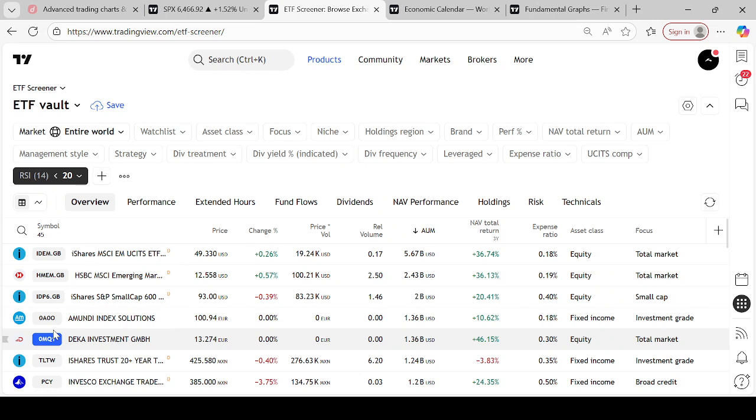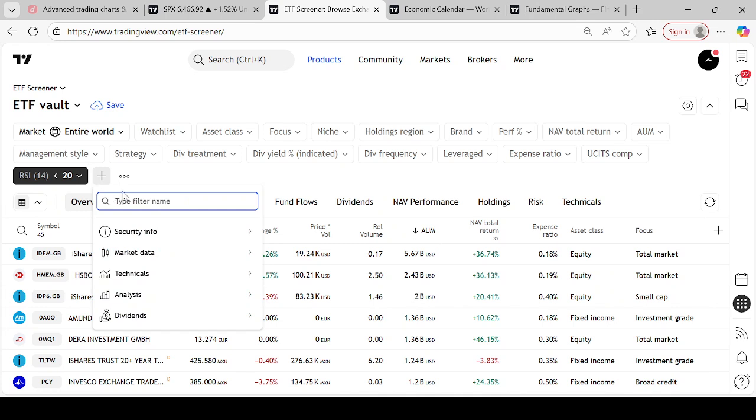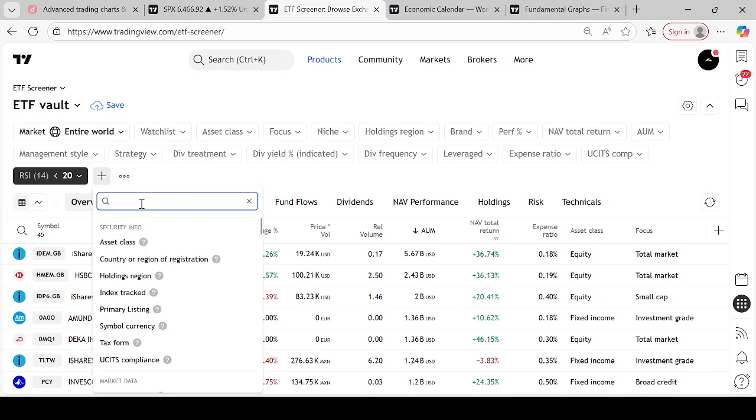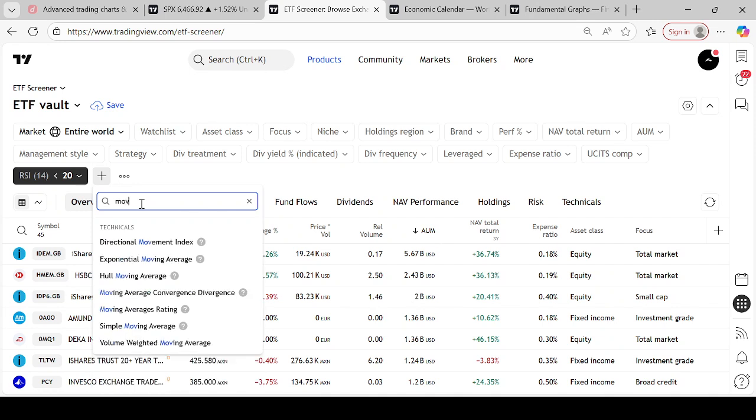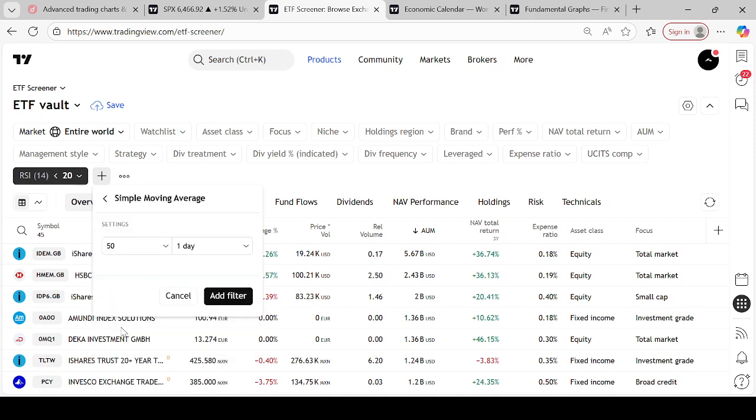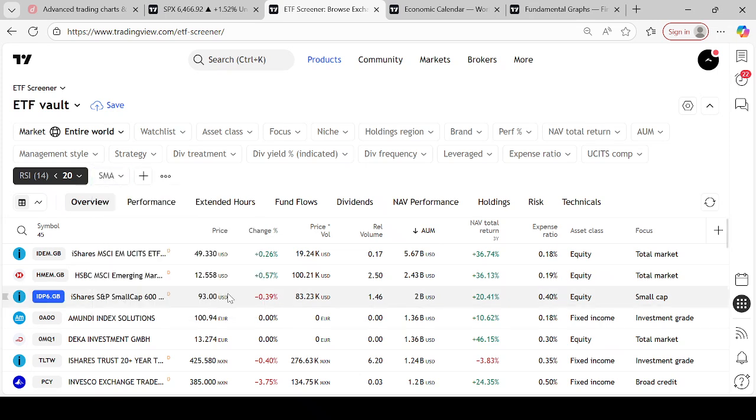Technical indicators can also play a crucial role in the sector rotation strategy. Like we said, the relative strength index and the moving average can both help us to identify oversold and overbought conditions in the market. The fundamental analysis is equally important.